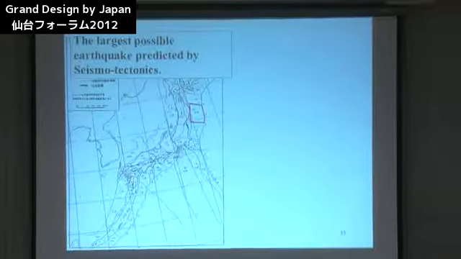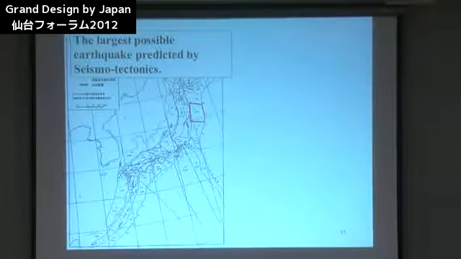And in addition to these past tsunamis, with the aid of the knowledge of so-called seismotectonics, this region may move independently with an earthquake magnitude of 8.6 or so.